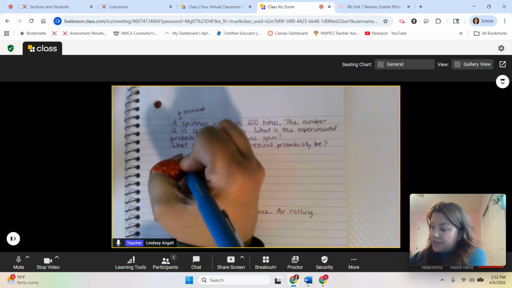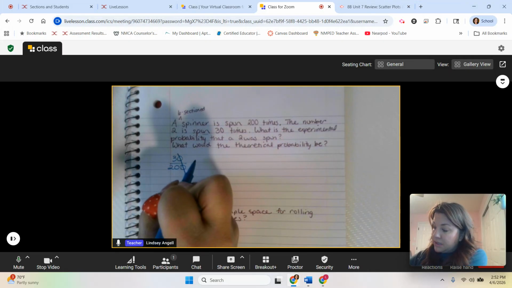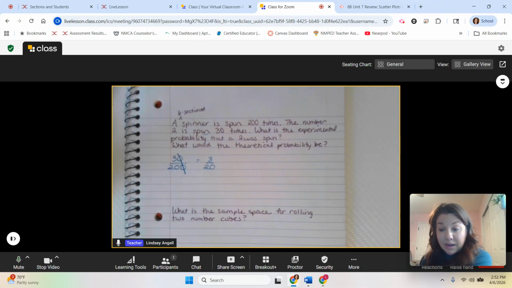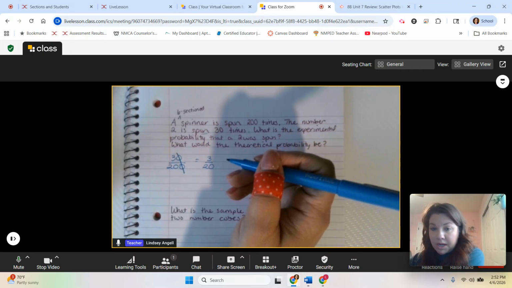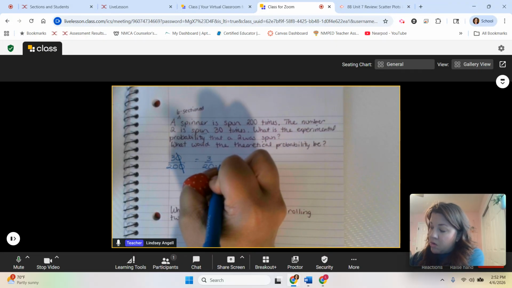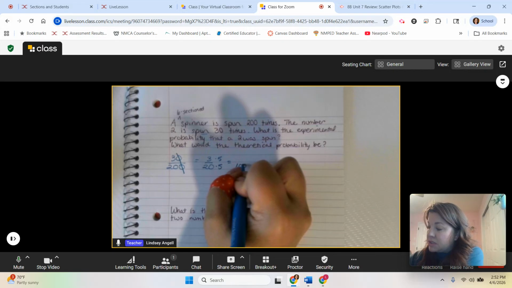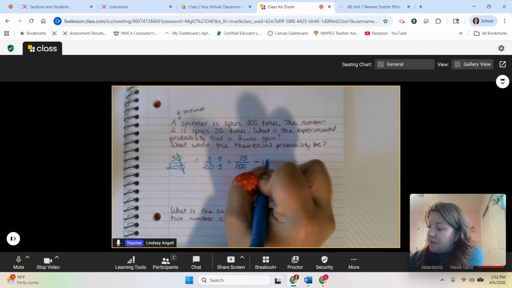To reduce this, I can divide by 10 just by knocking off those zeros, and that gives me 3/20. For percent form, you can divide the numerator by the denominator and multiply by 100, or I noticed that 20 times 5 gets me to 100, and 3 times 5 is 15, so that would be 15%.